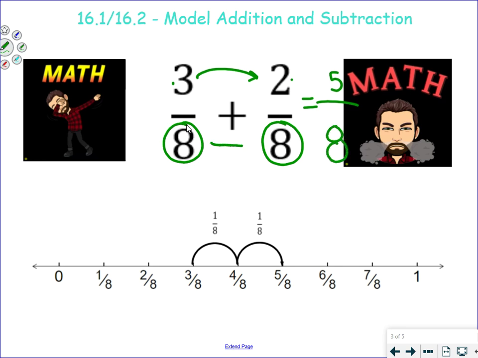So 5/8. Or we start at 3/8, because we have 3/8 right here. And we go 1/8, and we have to go 2/8, and another eighth. And that brings us to 5/8.